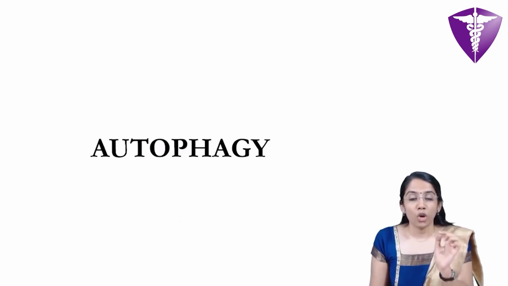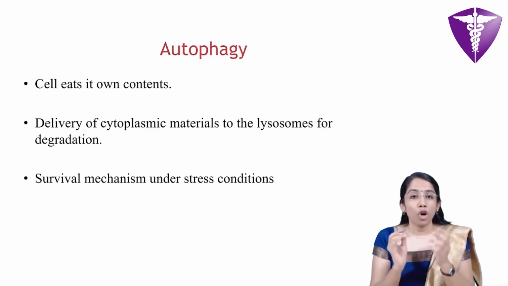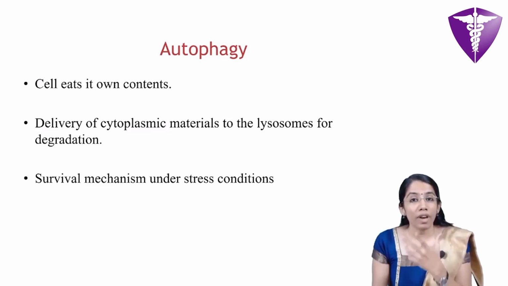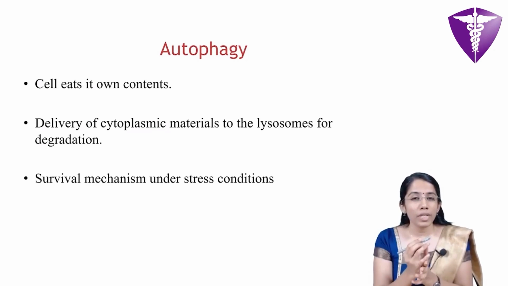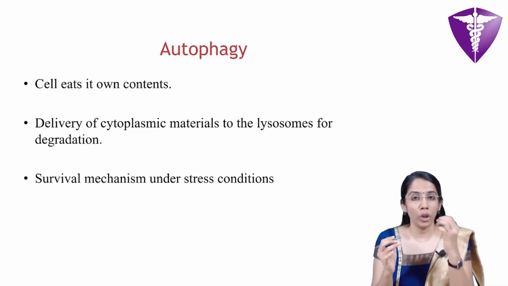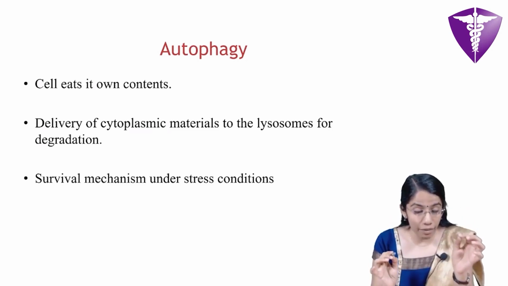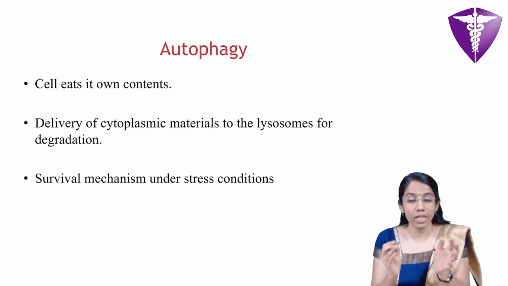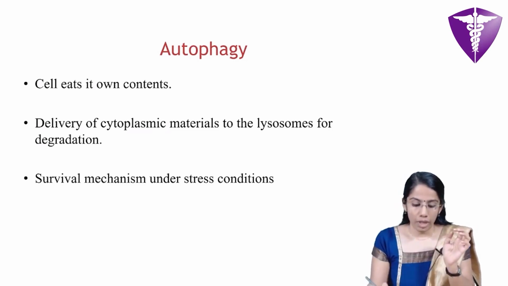Next topic is autophagy. So autophagy is actually a survival mechanism under stressful conditions. Here the cell eats its own contents, and there occurs delivery of cytoplasmic materials to the lysosomes for degradation.